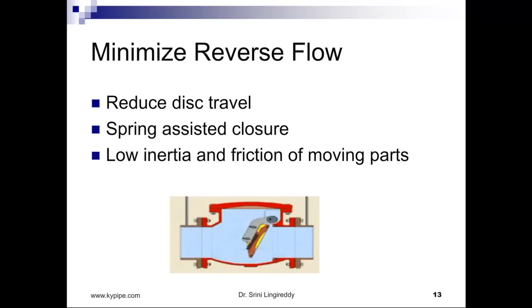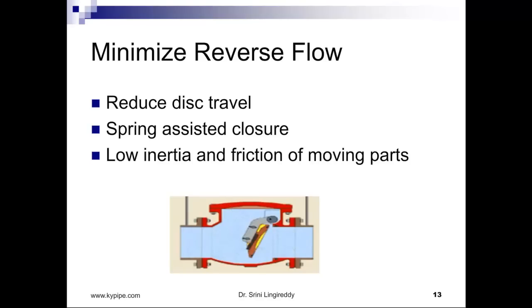Again, talking about the swing type check valve. If you look at the mechanism of the actual closure, the disc would be somewhere over here for the steady state condition, and it starts dropping on flow reversal, and it takes some time for the disc to travel from here to this position.